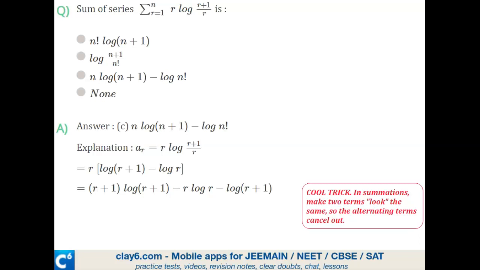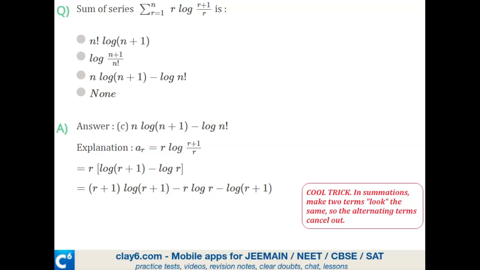So what we did was we took r log (r plus 1) and we made it (r plus 1) log (r plus 1). See that we make it some term and log of the same term, because we have r log r. When you had expanded the previous step 3, you would have got r log (r plus 1) minus r log r. So you always have to look for patterns where, hey, I have minus r log r.